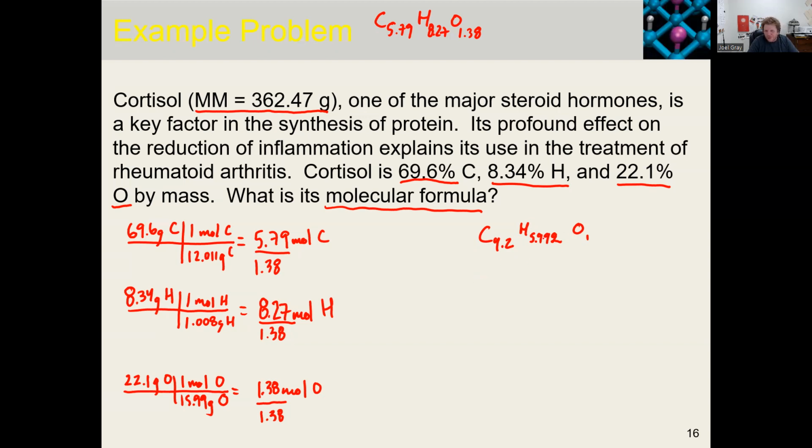Looking at these numbers, this 5.99 we can round up to 6. So C 4.2, H 6.